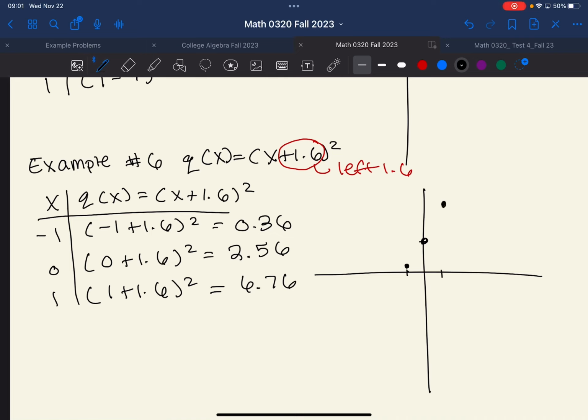It looks like it's going to be a line, but since we know it's quadratic, it's symmetric, so I'm going to start forming my curve around. And I know my graph is going to look somewhat like this. And this is telling me from the parent function that we moved 1.6 units to the left for this q of x function.